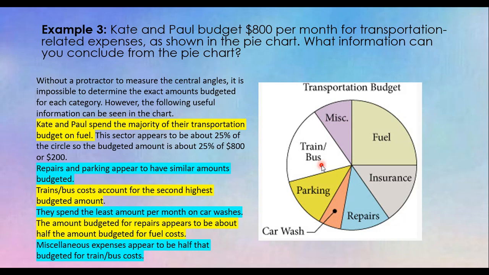And whoever's driving spends a lot of money on fuel, so they maybe are working somewhere with quite a commute, in comparison to the person that rides the train or bus also has a really long commute, and maybe they only have one vehicle if someone else is riding the train or bus. So these are some different inferences that you can make based on this information. But I just wanted to get us started here.